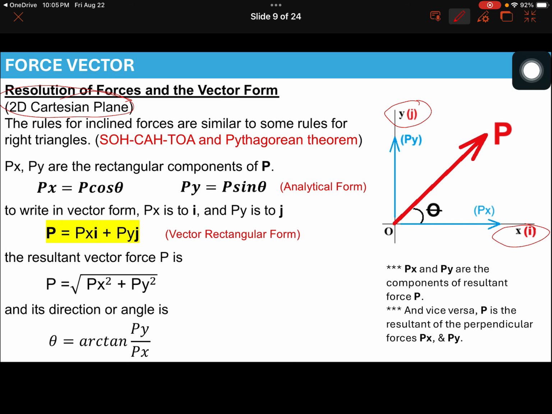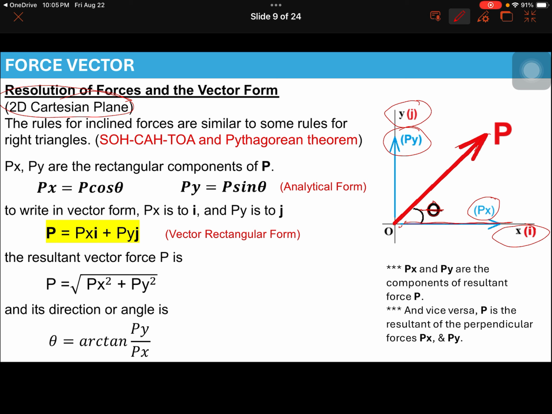So, kapag 2D, pwede mong gamitin ang principles ng SOH CAH TOA and Pythagorean theorem. So, ito yung isang force natin. Kung inclined siya, meron siyang theta measured from the x-axis. So, since inclined siya, pwede mo yung i-decompose. Meron yung x component, let's call Px. And meron yung y component, let's call Py.